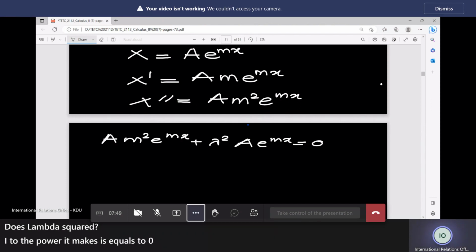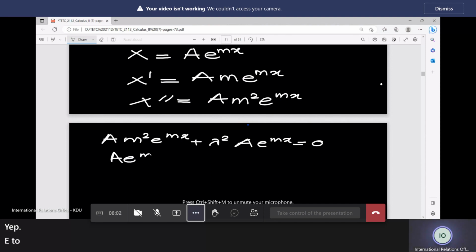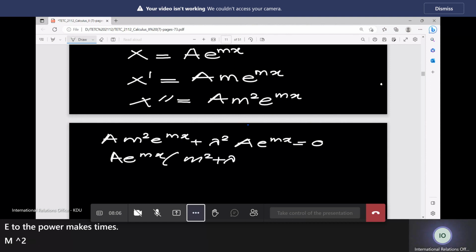So if we take this a e to the power mx out, a e to the power mx times m squared plus lambda squared is equals to 0.